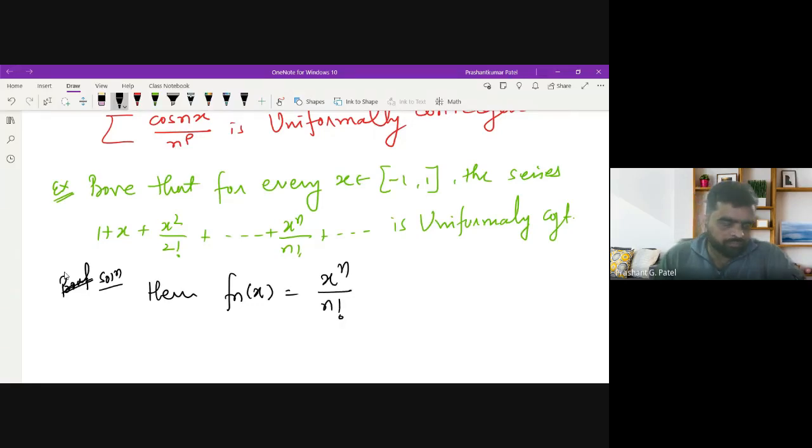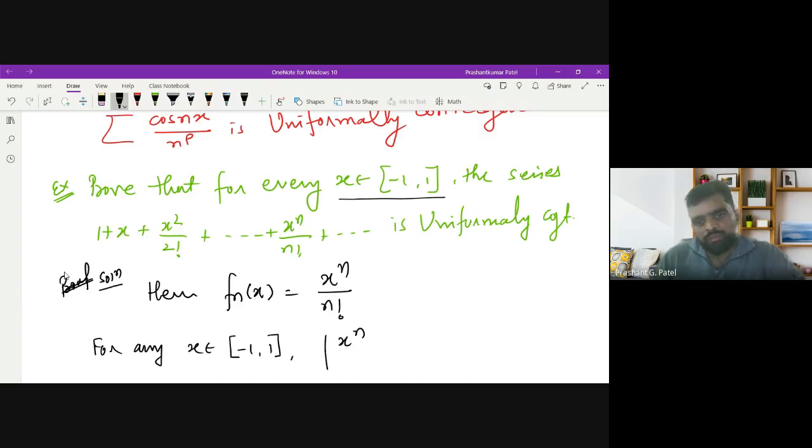And given that x is between -1 and 1, for any x belonging to -1 and 1, we can write that mod of x power n upon n factorial is less than or equal to 1 upon n factorial, because as x is between -1 and 1, the mod of x power n is always less than or equal to 1.